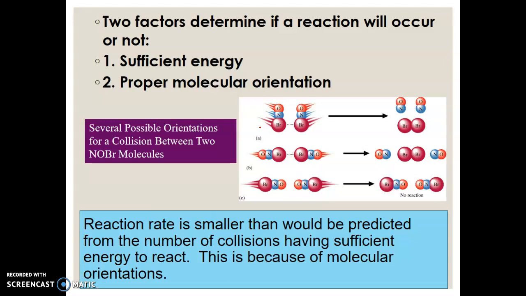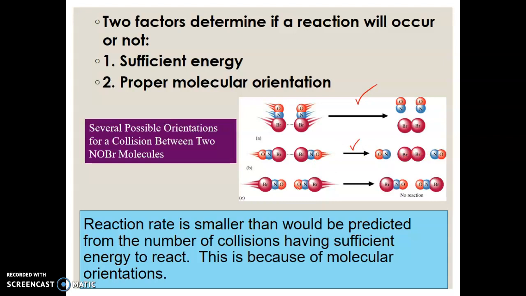So this first orientation works. It produces the products. Second orientation is we can have those atoms lined up horizontally. Collisions occur, and we produce that bromine molecule and then our two NO molecules.